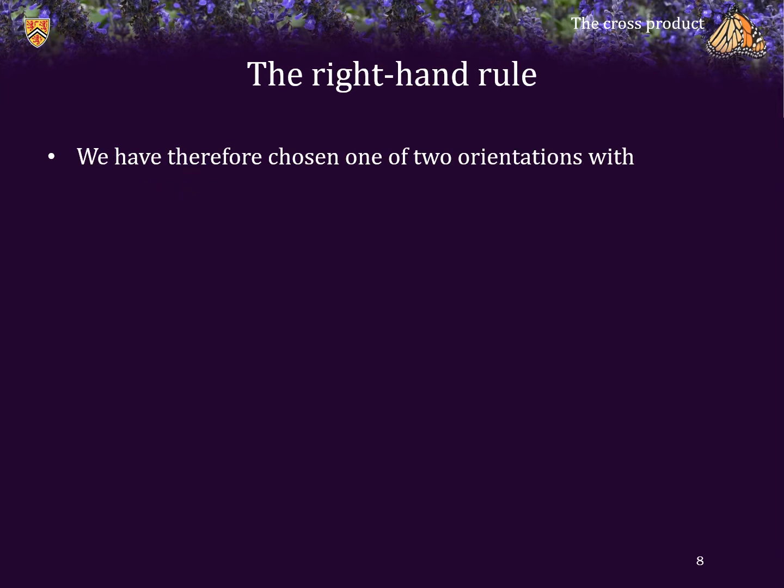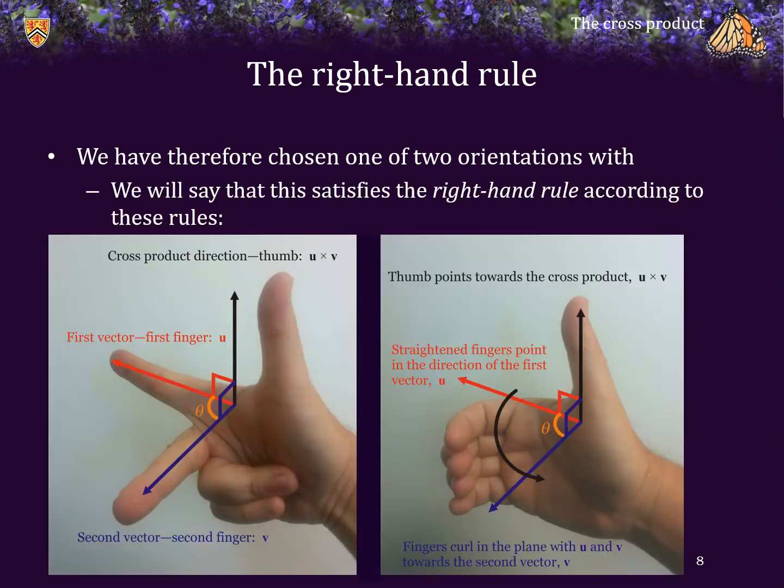You will recall that previously we chose to let alpha equal 1. Had we chosen alpha equal to -1, then the cross product would be pointing in the other direction. So an easy way to remember which direction the cross product will point is to use something called the right-hand rule.